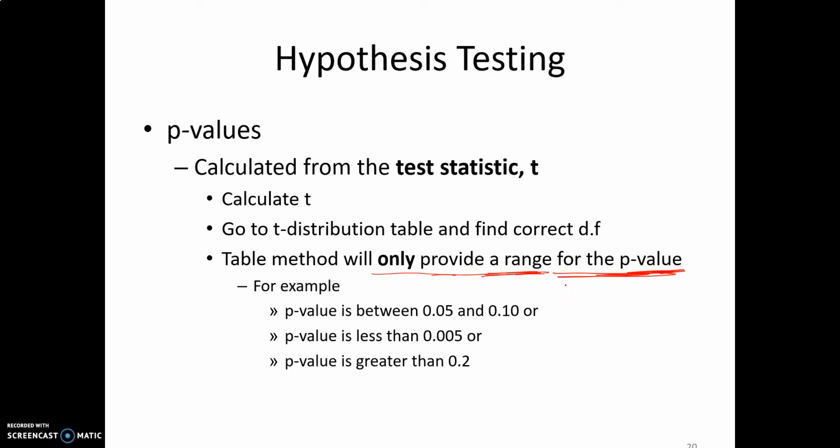This is one of the slight differences when we start with a t-test statistic. We can only find a range, and I'll show you why. This is how ranges could be written, and we'll look at an example here.